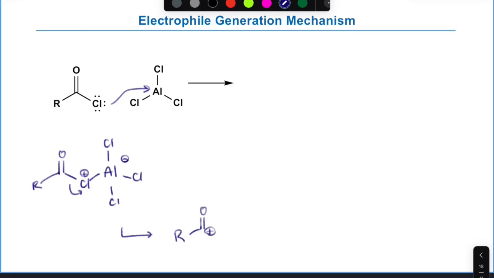And that looks really nasty until you remember that we can kick down that lone pair and form an oxonium looking species. And then that is our active electrophile.